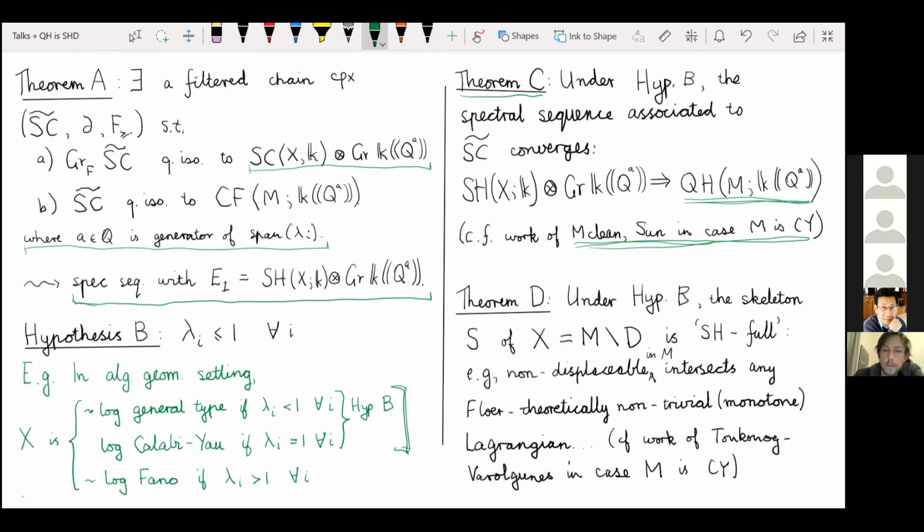I'm trying to think about that as a categorical statement, and I would like to see the skeleton as a generator for the Fukaya category.